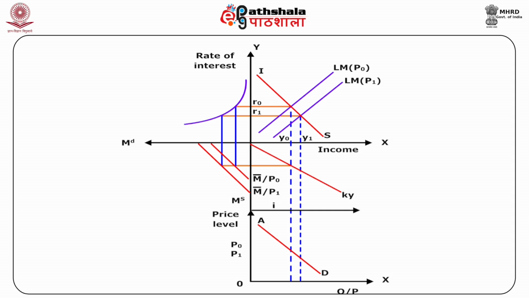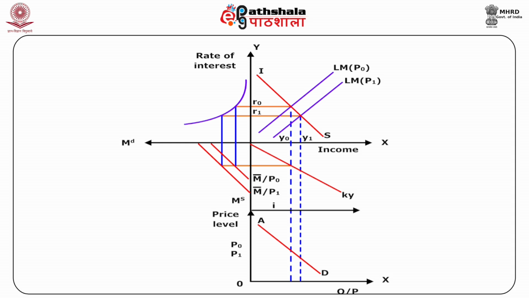Accordingly, in this new situation the LM function has expanded, and the LM is now LM(P1), for a lower price level, and so we have a new rate of interest R1 and a new level of income Y1.